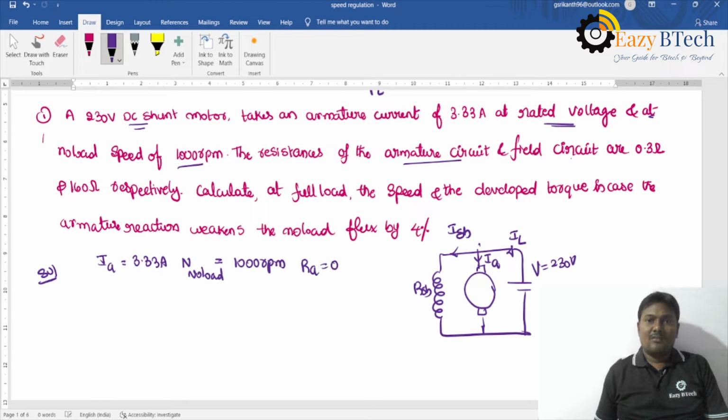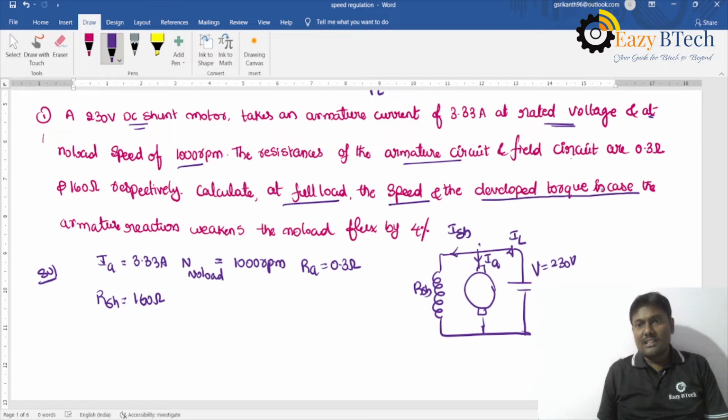RA is equal to 0.3 ohms and RSH is equal to 160 ohms. Calculate at full load the speed and the developed torque. So this is N1, this is IA1, and RA and RSH are also the same. N2 is equal to how much?